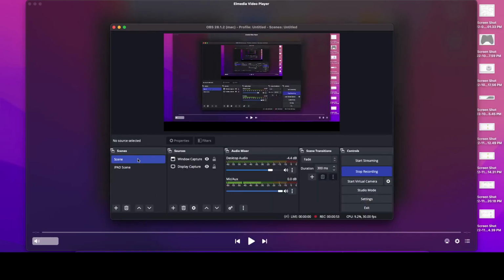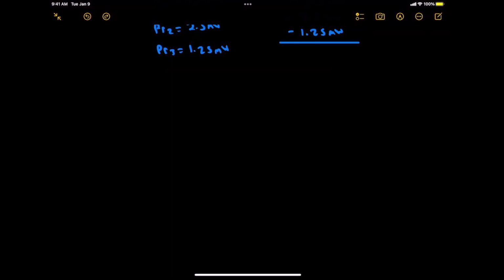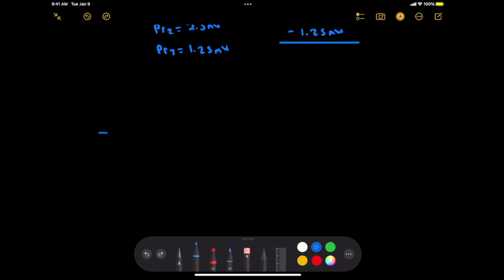And let me just swap over. So we have our voltage source. That one was 12 volts. It goes over here, and now we have our first resistor.